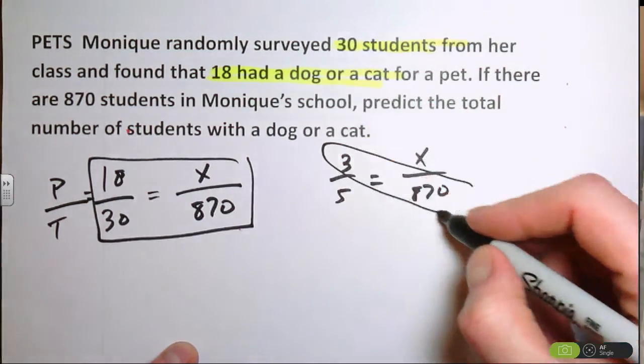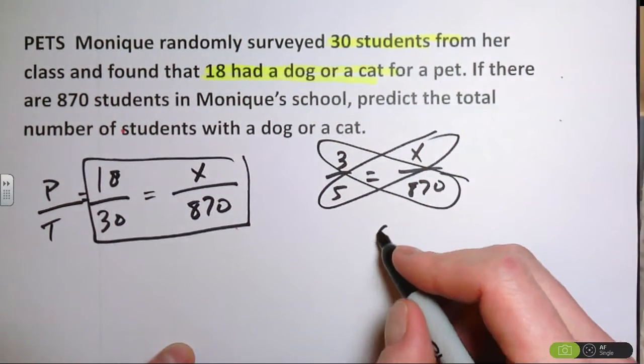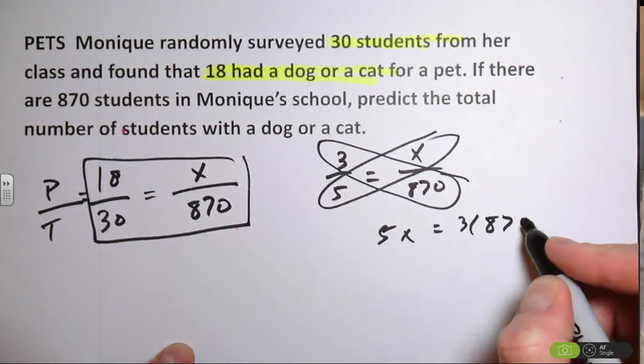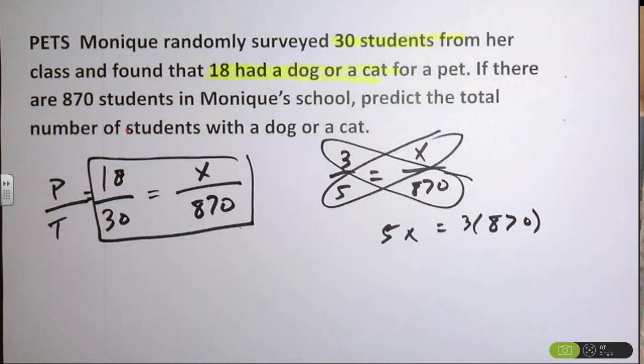Now I can cross multiply. 5x equals 3 times 870. Feeling a little lazy this afternoon, so I'll break out my calculator.